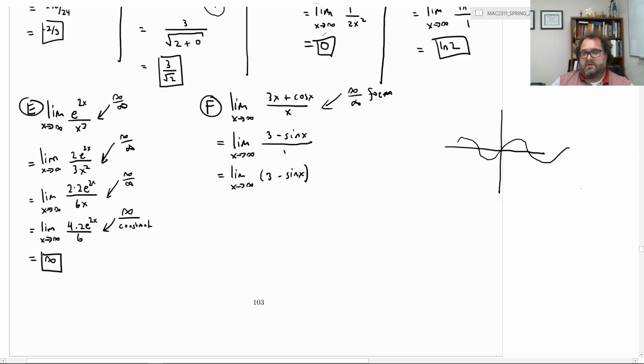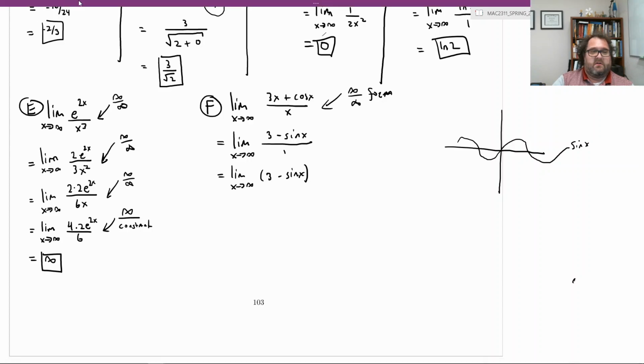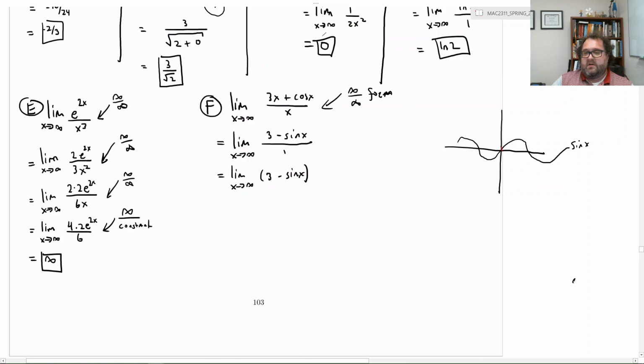Okay, so here's my terrible rendition of sine x. Here, let's do negative sine x. If you just flip it, it goes kind of like this. So there's my terrible rendition of negative sine x. If you add 3, it just takes everything up 3 units.